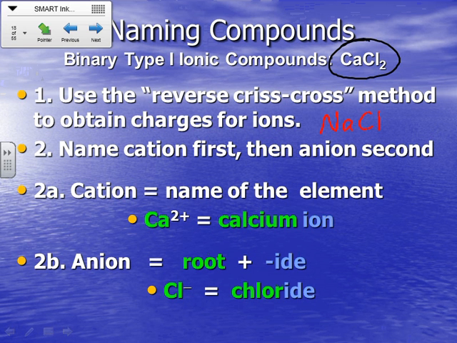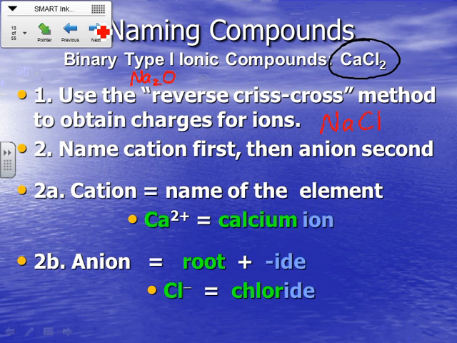Now the trick here is knowing exactly when to cut off the root. It happens more often with things like oxygen. So let's say I give you Na2O. Make sure you're paying attention, please. So Na2O would be sodium oxide.